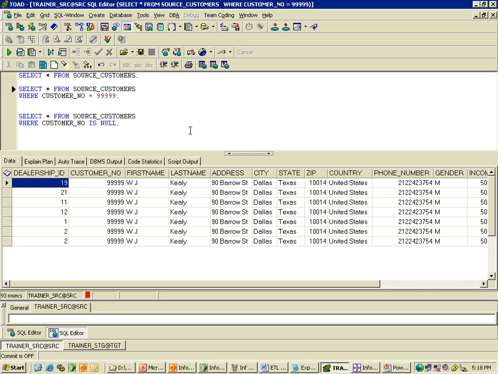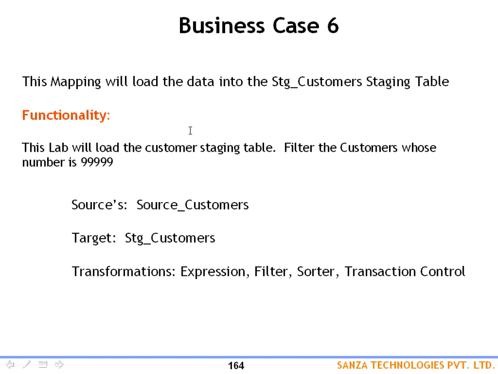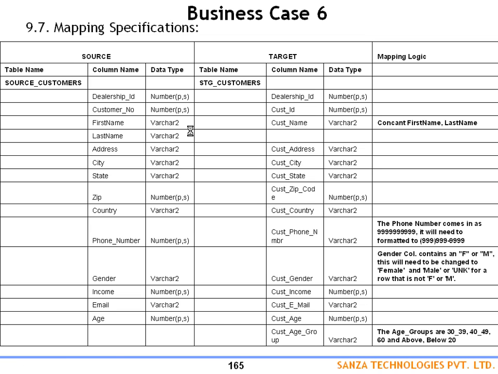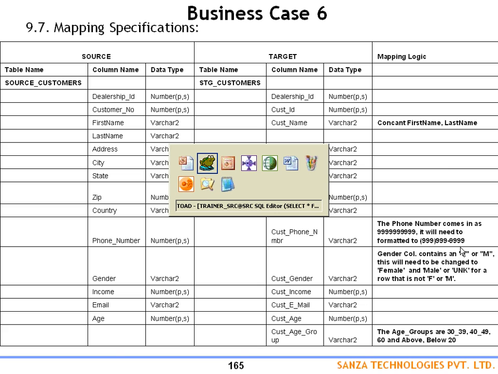That is one requirement. Then another requirement is, while loading the data into the STG customer table, concatenate the first name and the last name. Also there is a requirement that the phone number coming in this format needs to be reformatted. So let us see the data in the source.